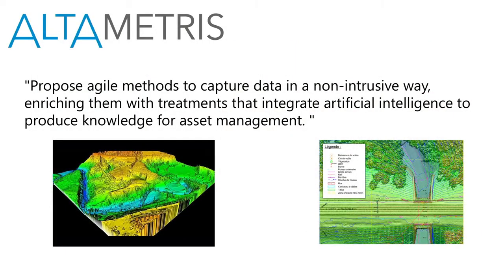Firstly, it's a real use case which was implemented for a French-based client company. The name of this company is Altametris. This company is a child of a national railway company, and it proposes agile methods to capture data in very hard-to-operate and very critical places, where you have high train speeds passing and problems with accessibility.